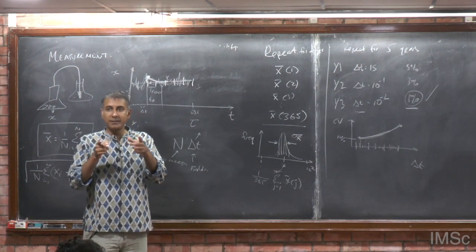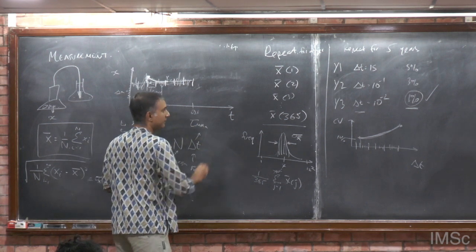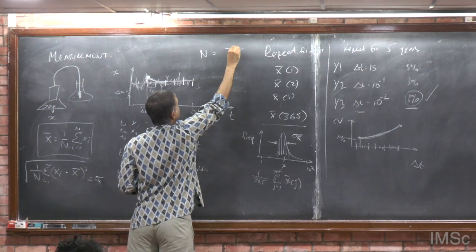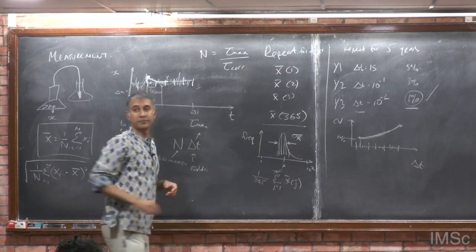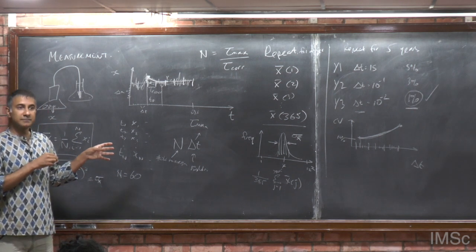The total number of measurements you can make in some t max, so the number n is simply t max divided by t core, right? There's no point making more measurements than this.